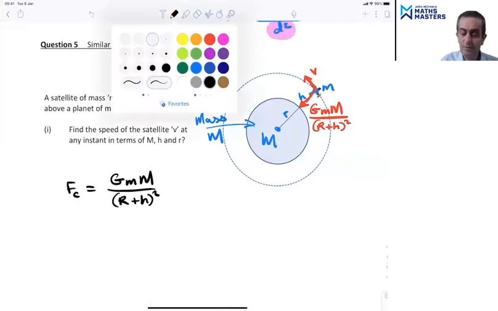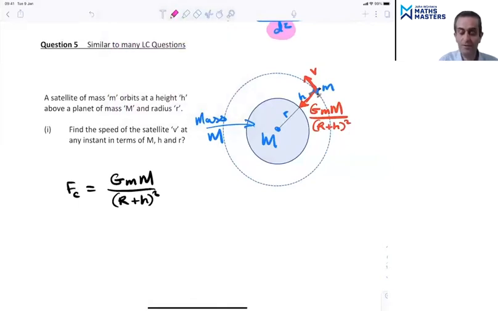Now, in terms of centripetal force, we have two possible formulae that we could use. We can use m omega squared multiplied by the radius of the circle, in other words, d, the distance to the center of the planet, or we can use mv squared over d, where in both of those cases, m is little m. m is always the mass of the object that's moving, and it's clearly the satellite that's orbiting the Earth, not the other way around.